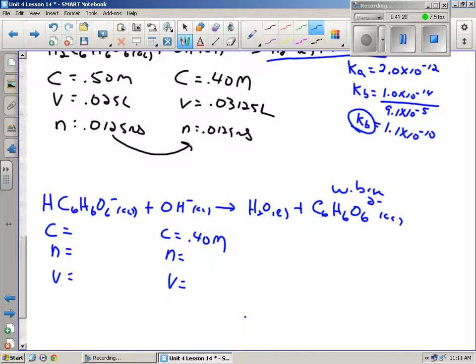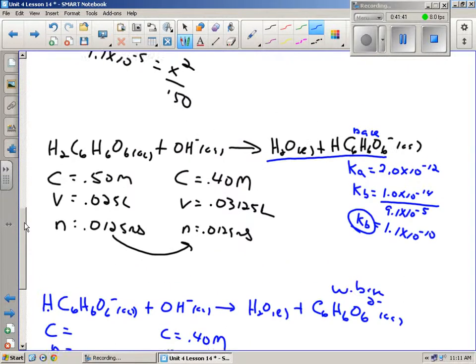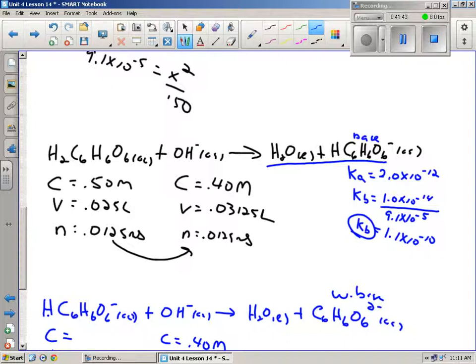What's the concentration of this, though? What's in the bottom part of that beaker? Well, it's this now, right? That and water. But listen, up here, 0.0125 moles reacted with 0.0125 moles to produce what? 0.0125 moles and 0.0125 moles, correct?